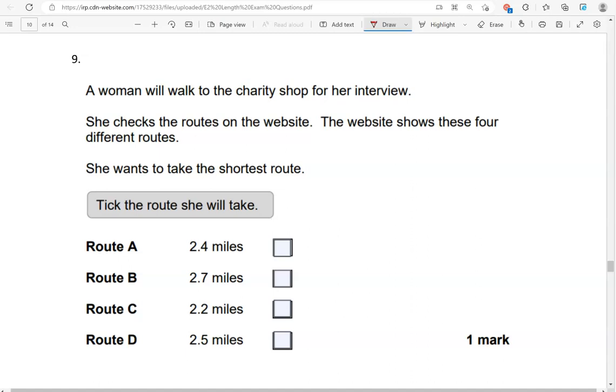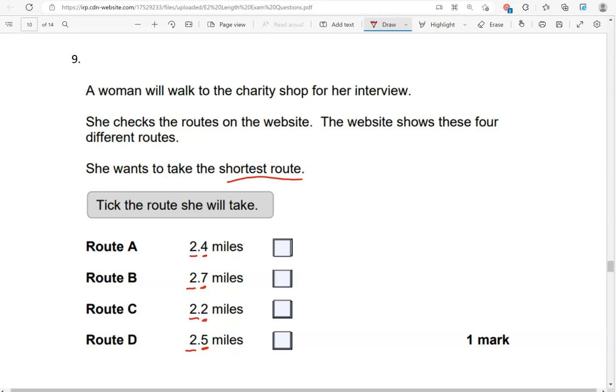So they're all 2 point something, which tells us that they are longer than 2 miles, but shorter than 3 miles. So when comparing them, we need to look at this digit after the decimal point. This determines the numbers overall. So we're looking for the smallest decimal, or the smallest number, because we want the shortest route.